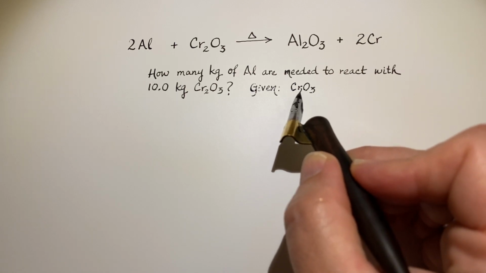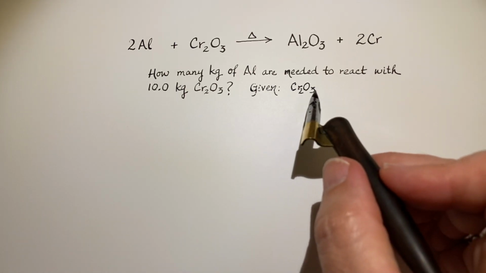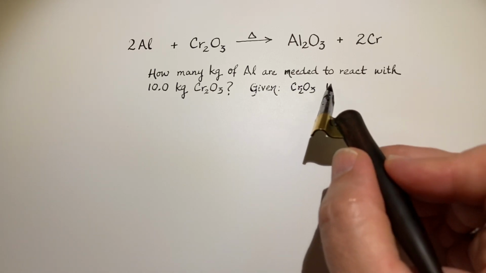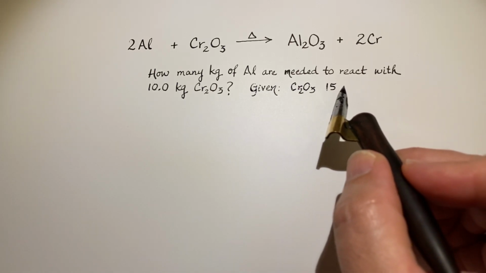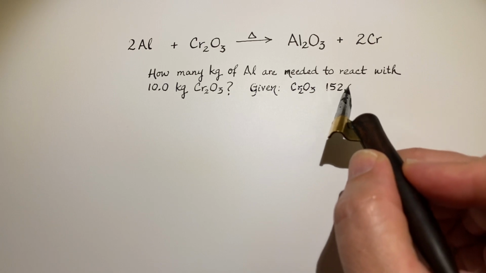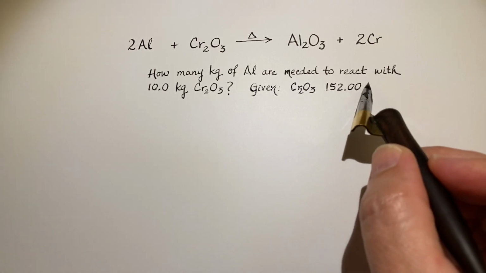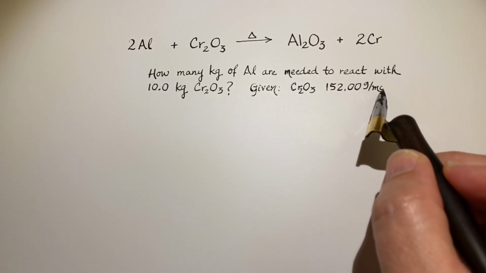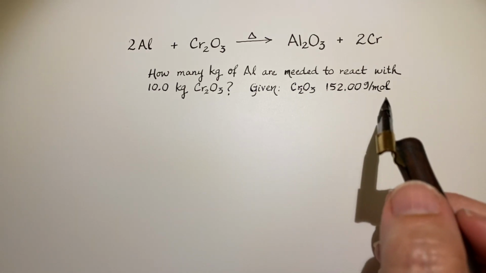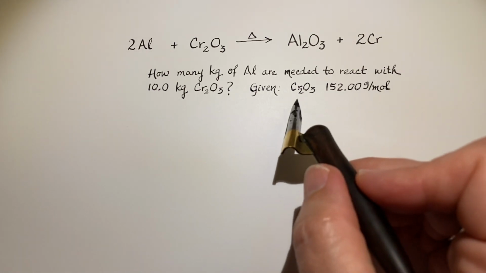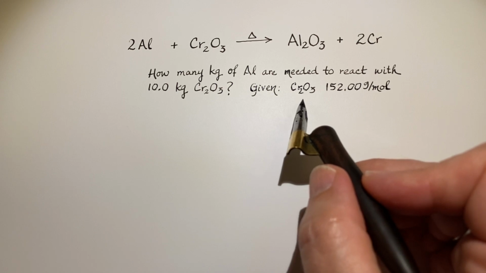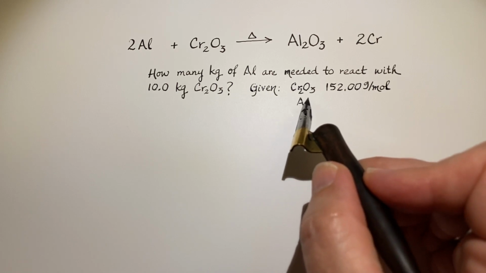Oops, I forgot the 2, sorry. Chromium 3 oxide is 152 grams per mole. And we can also check on the periodic table and get the atomic mass of aluminum.